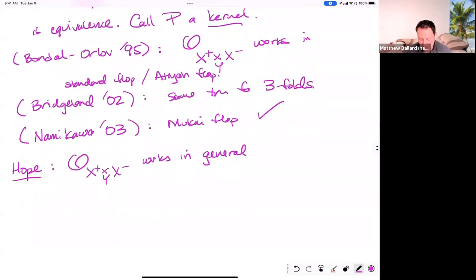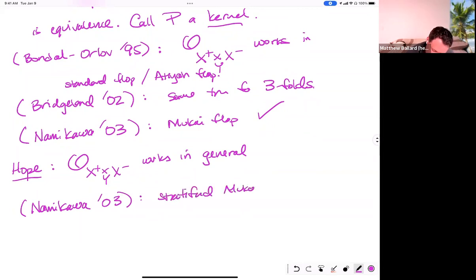And shortly after Namikawa's first paper, he had a second paper in this line. And what it says for stratified Mukai flops, and I'll tell you a little bit more about each of these types of flops in a bit, is that it doesn't work.